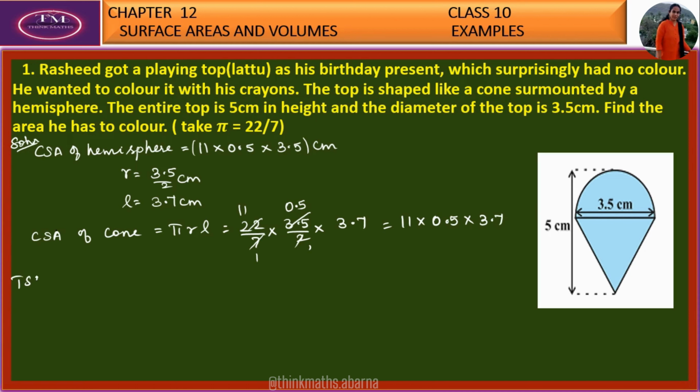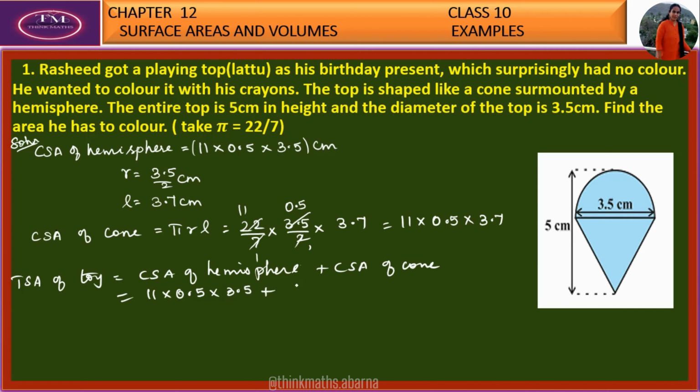Now, total surface area of toy is nothing but CSA of hemisphere plus CSA of cone. CSA of hemisphere is 11 into 0.5 into 3.5, and CSA of cone is 11 into 0.5 into 3.7.